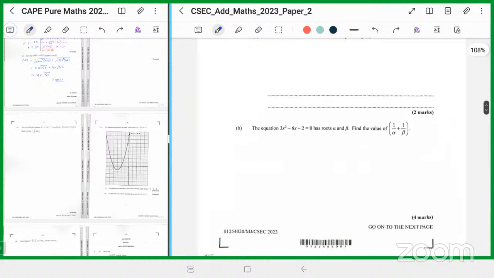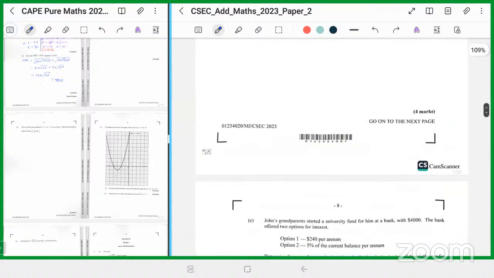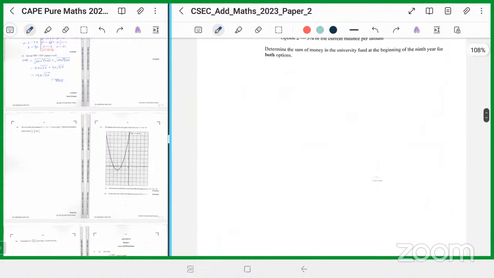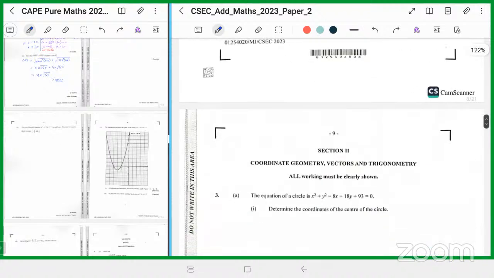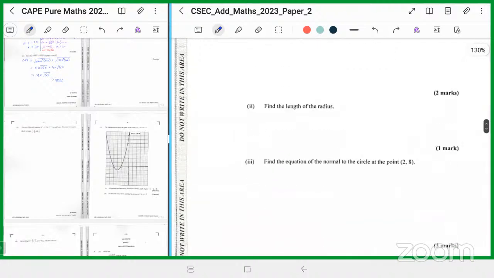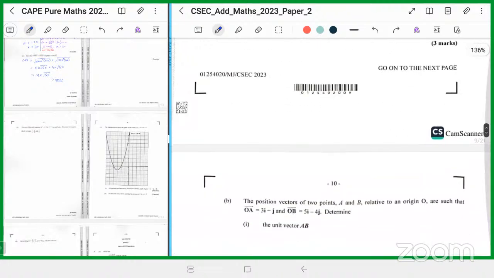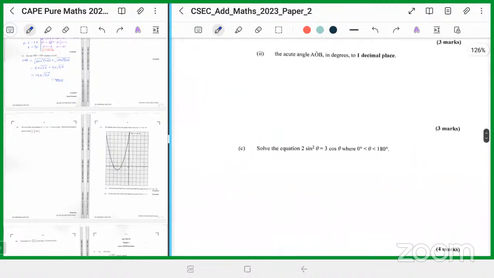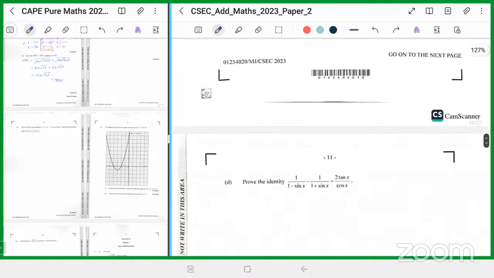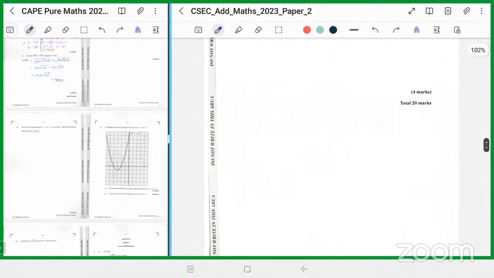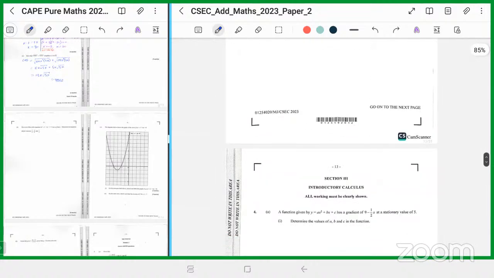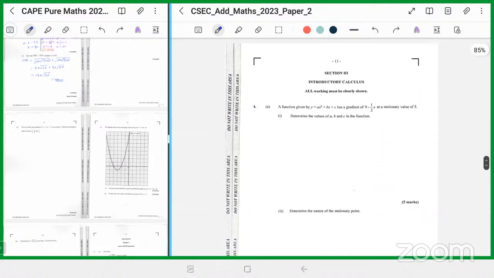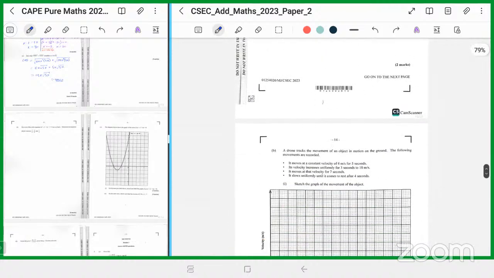It's quadratics, product of roots, series, pillars of circle, vectors. I think there's no logs on it. I don't remember where logs would come on the paper. So I'm looking through. It's not here. Apart from that, there's no logs on it. That is it.